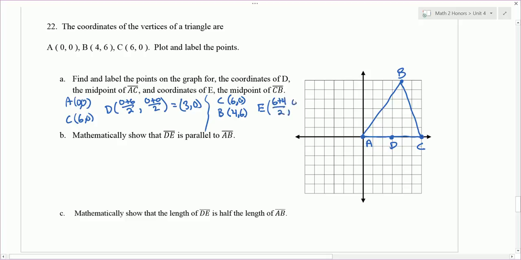Add the y values and divide by 2 to get your midpoint. And so we get 10 over 2, which is 5, 6 over 2, which is 3. So the halfway point between C and B is at 5, 3. Right there. And label that E.